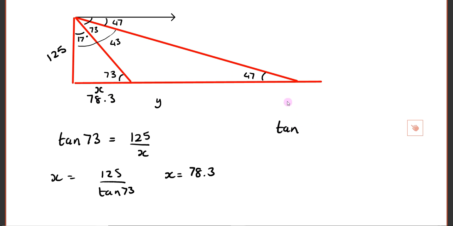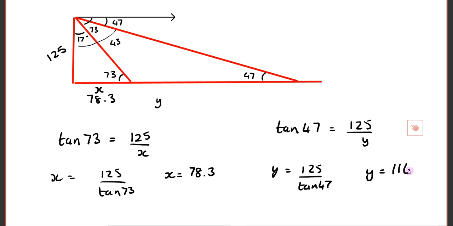So tan of 47 equals 125 over y. So y is 125 over tan 47. That gives you y equals 160.